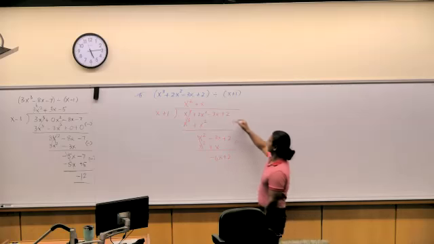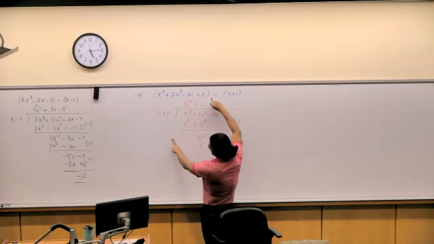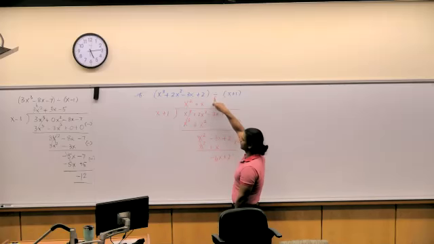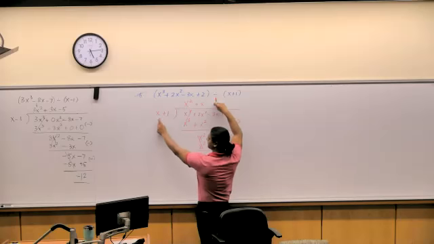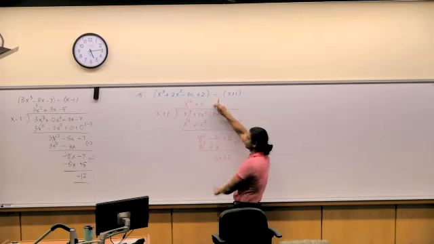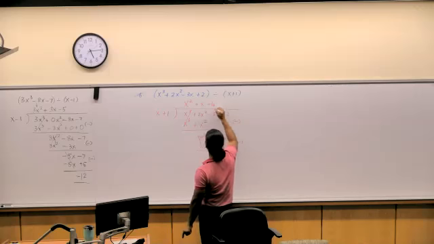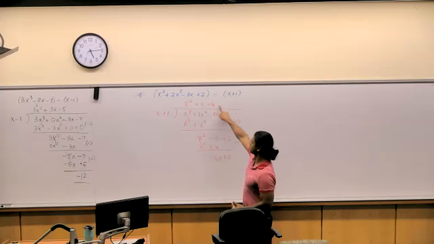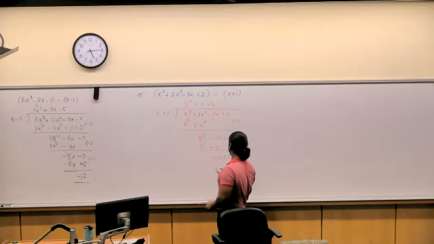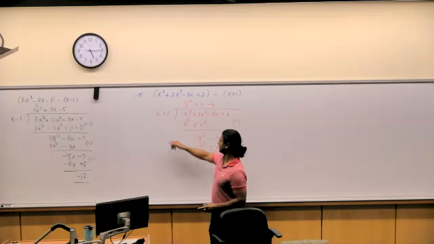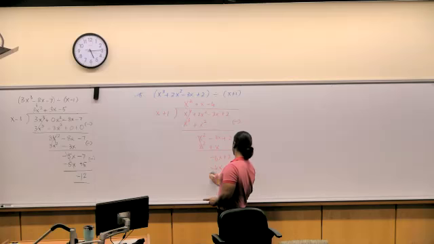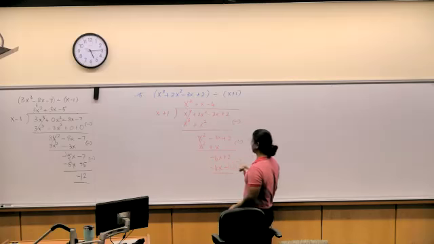Good. I've got to come up with a number or an expression over here so that when I multiply with x, I get negative 4x. So negative 4. Negative 4 times x, negative 4x. Negative 4 times 1, negative 4. Subtract.